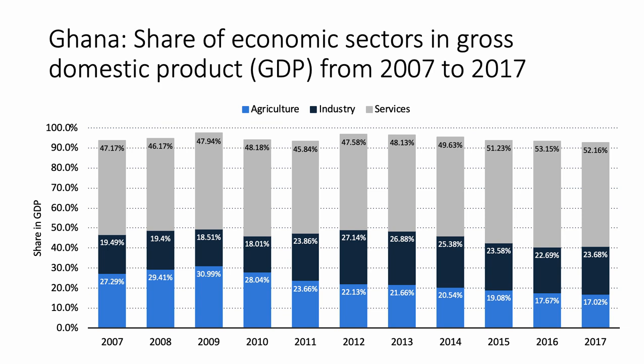This chart shows the structure of the Ghanaian economy and how it's changed over the last 10 years. It shows the percentage of GDP for each of the 3 main sectors in the economy. So the percentage of farming in GDP has declined from 31% in 2009 to 17% in 2017.